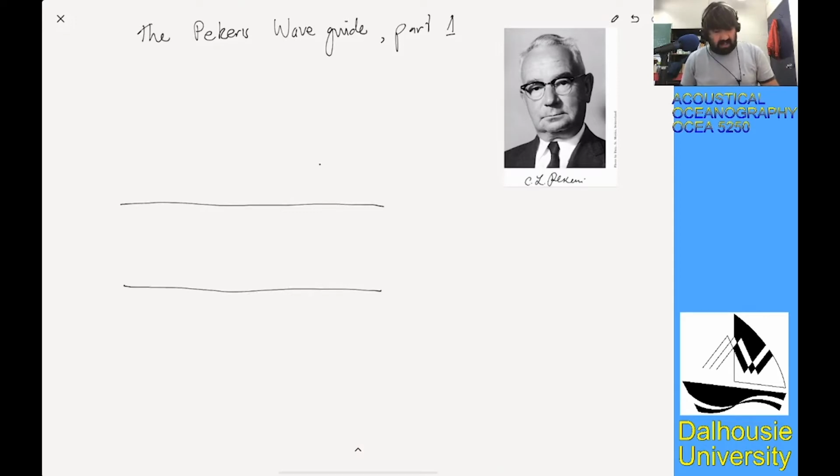Okay, so we have some waveguide, capital H deep, and we're going to have some density and some sound speed in the water part, very well known. And I should say that this is homogeneous, so there's no mixed layer, there's no oceanographic features here. This is just an iso-velocity, iso-sound-speed water column.